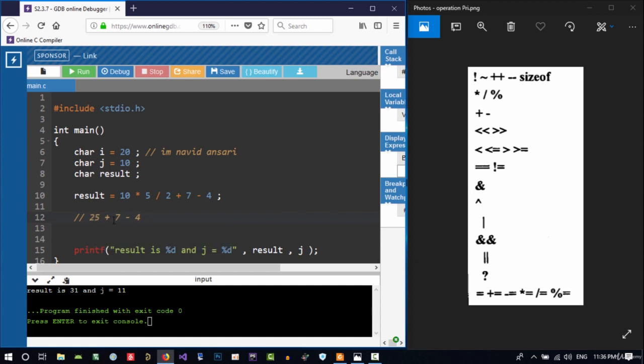Then which one of these will happen? These two have the same row, so the one on the left will happen sooner. So this, 32, and then this, 28. Let's run it.